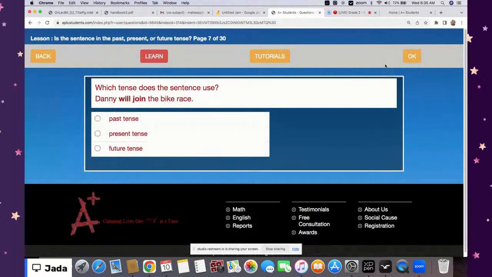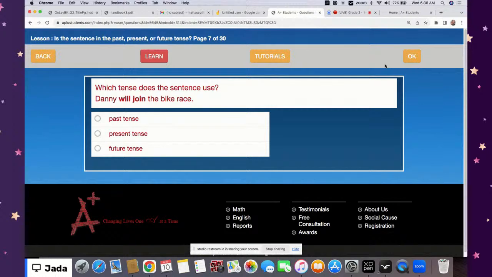What's the right answer for will join? Will join is future.